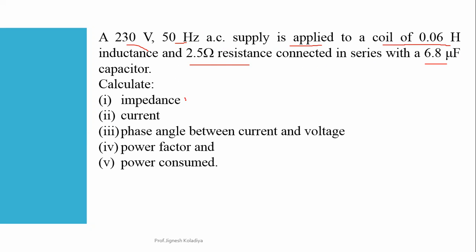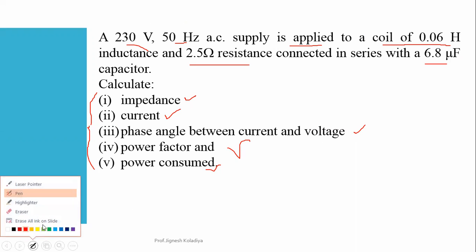Calculate impedance, current, phase angle between voltage and current, power factor and power consumed. So total 5 things that we have to determine, and for that these are some numerical data which is given.